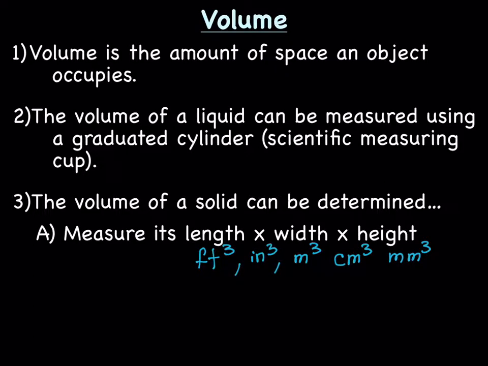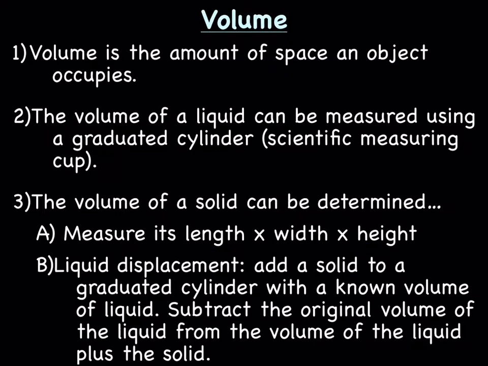Okay. And you can also measure the volume of a solid by something called liquid displacement. So what you do is you take a solid and you add it to a graduated cylinder that already has a known volume of a liquid. And when you add that solid, you're going to obviously end up with more liquid, right? The height of the liquid will rise.